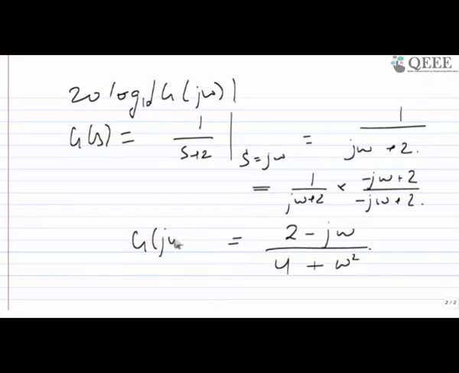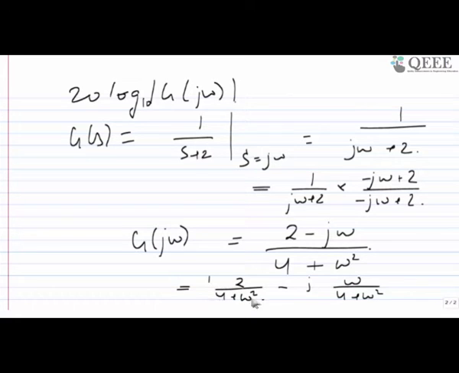This is your G(j omega) basically, and then you can separate out the real part, which is 2 upon 4 plus omega square, minus j omega.